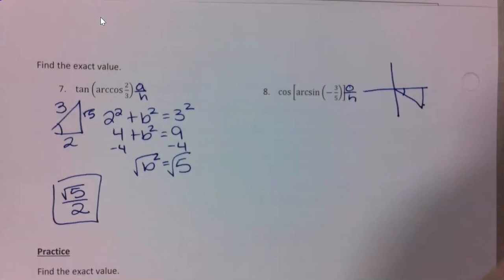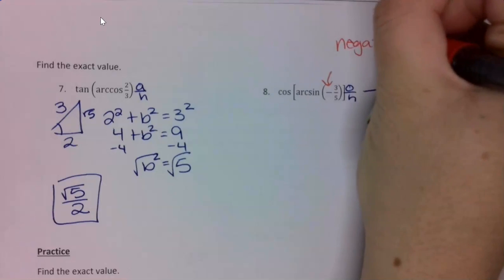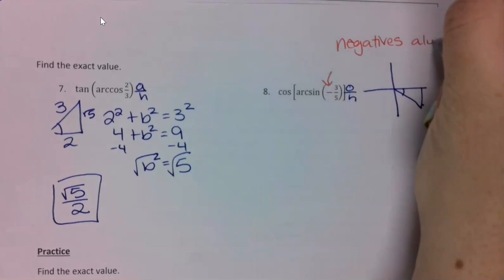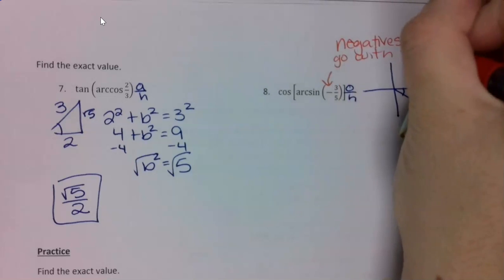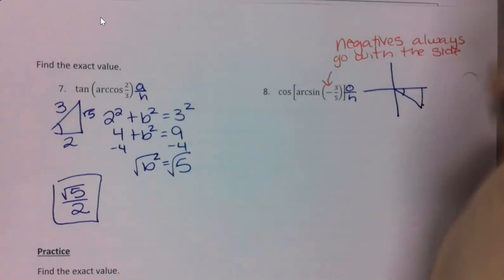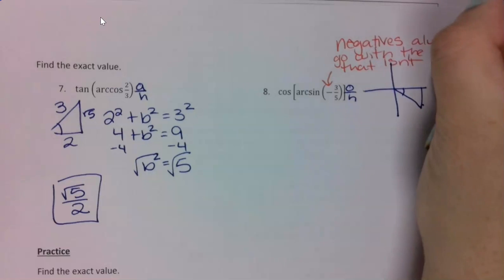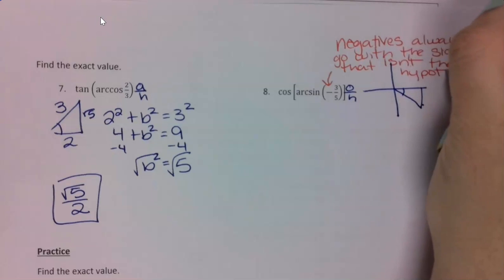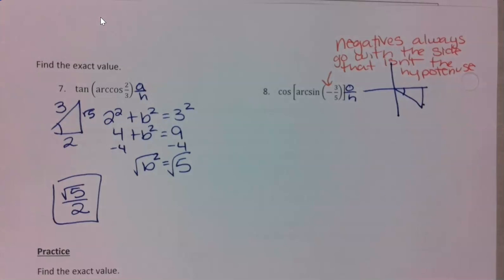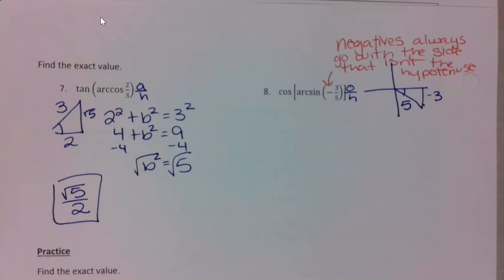Remember, when I'm working with negatives, it always goes with the side that isn't the hypotenuse. So my negative 3 is going to go over here, and then my hypotenuse is going to be a positive value.